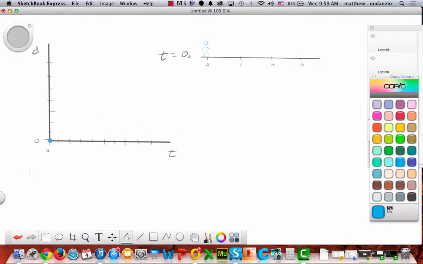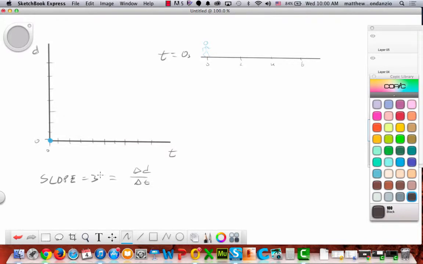Let's say he had a slope of 3. What does that mean? Let's think about that. So if my slope equals 3, what does that mean? For every second he moves 3 meters. Okay. So this means that my delta distance over my delta time, that ratio, is 3.